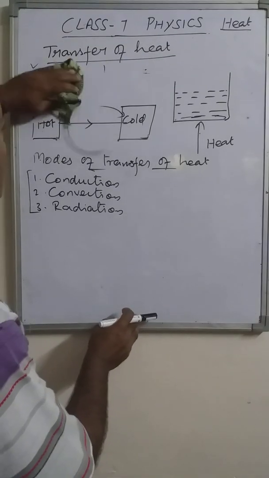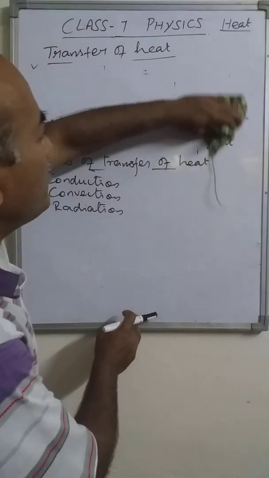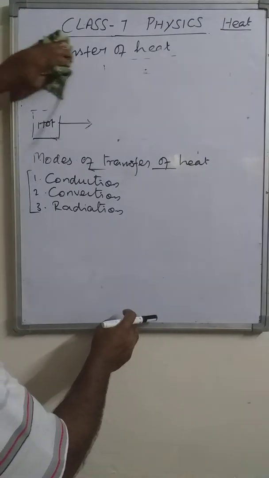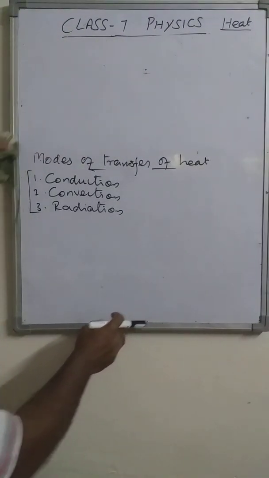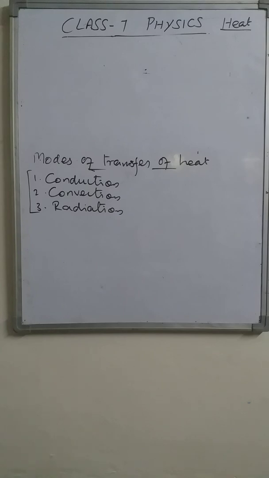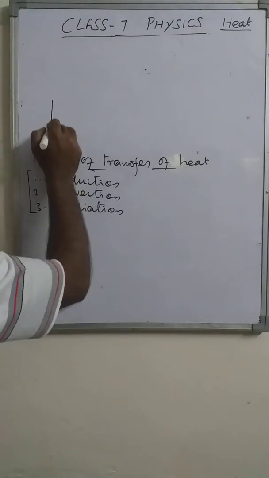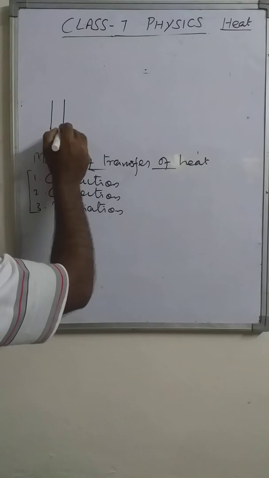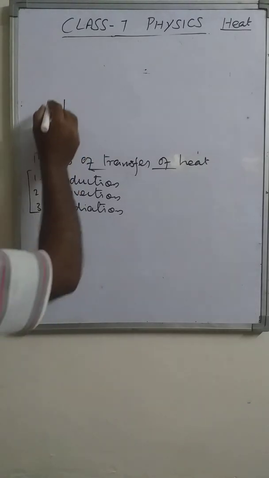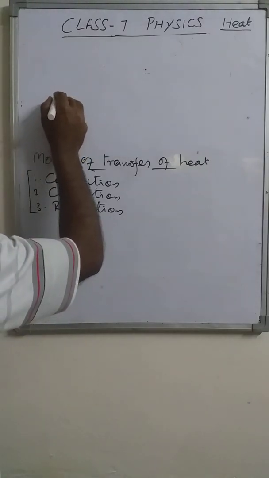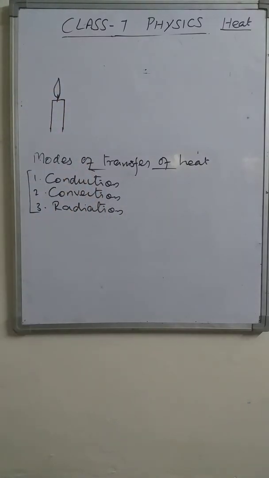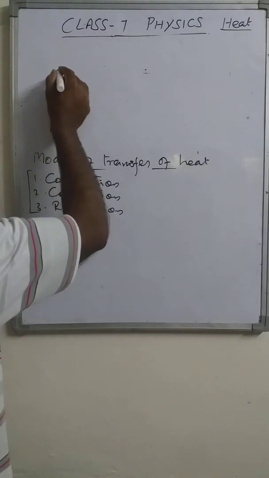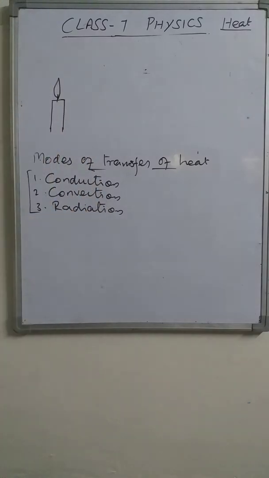Conduction can be shown by a simple example. Suppose here we take a candle or flame burner, anything. Suppose it is the candle. The candle is lighted, so definitely heat is produced from the flame.